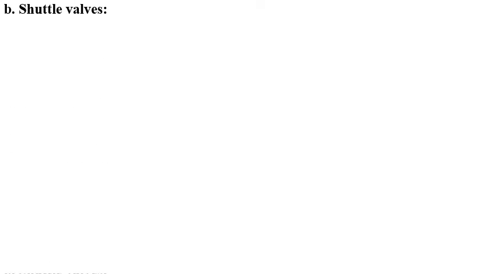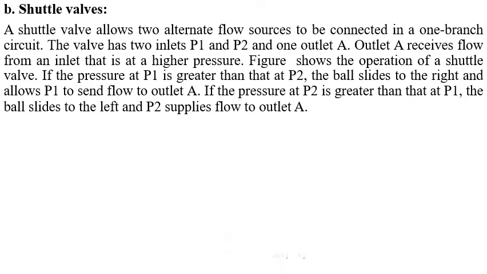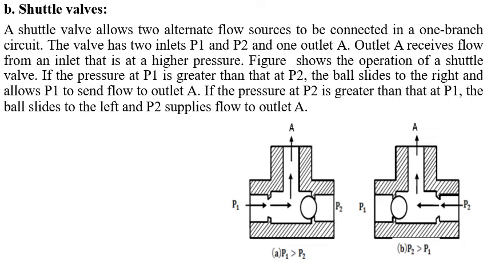The second type of direction control valve based on construction is the shuttle valve. Look at the construction. In this case there are two inlets and one outlet, meaning two inputs and one output. You can see this in the construction of the shuttle valve.